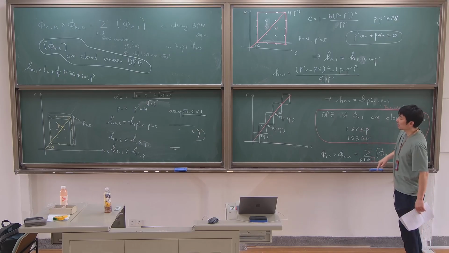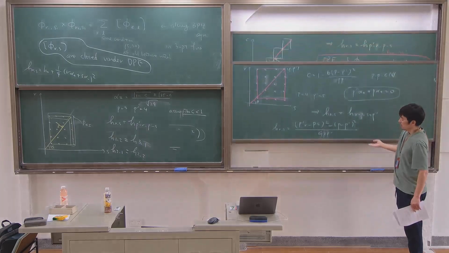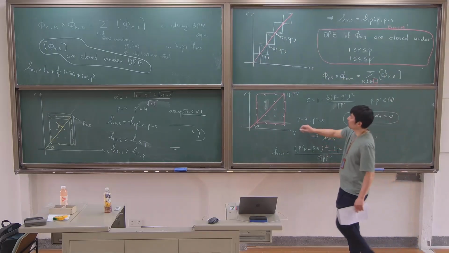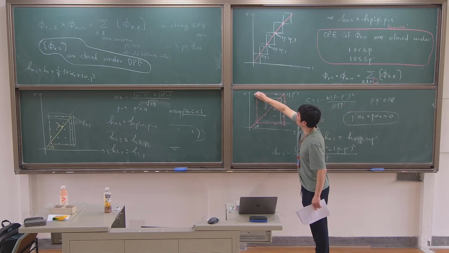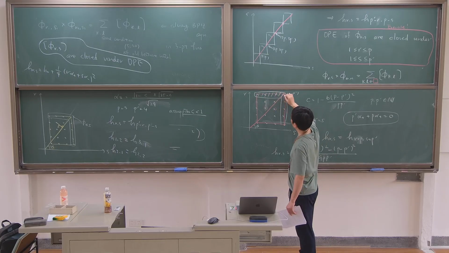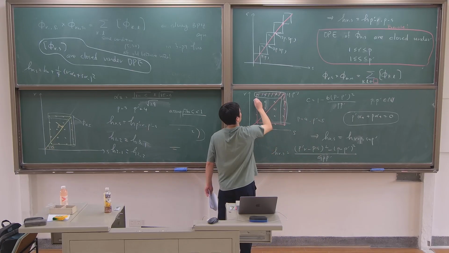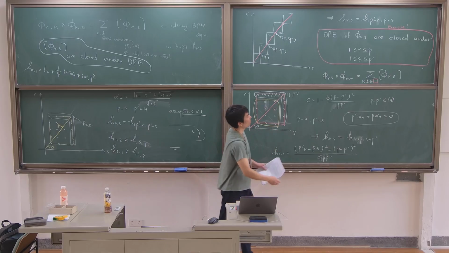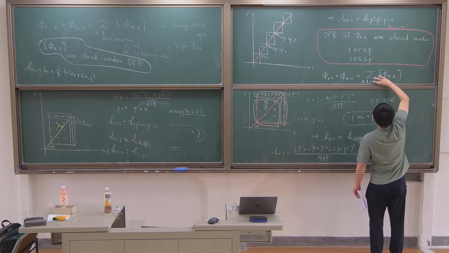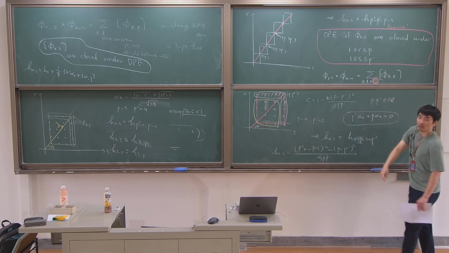This means that the primary fields on this edge you can throw away. So this one is no need to consider. Only the primary fields in this region you consider. So therefore this part should be this yellow one. The primary fields are closed under this yellow line.